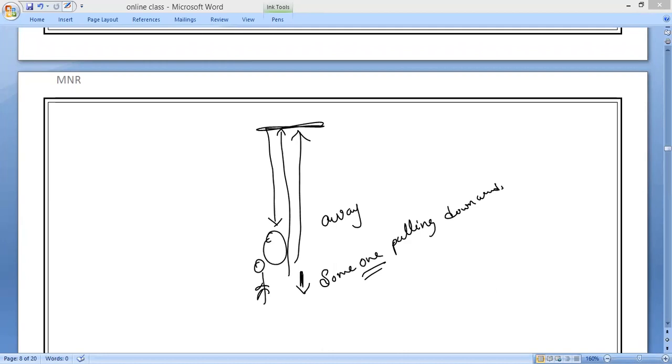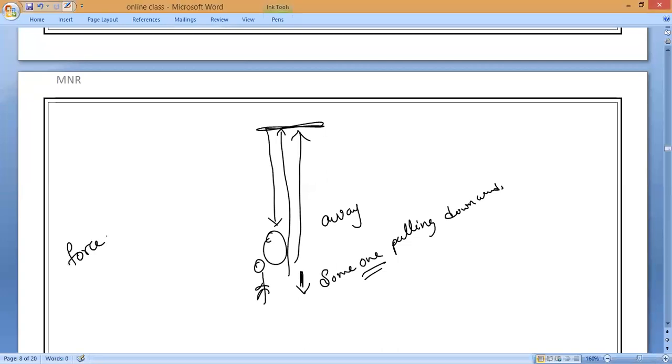He proved that this force of attraction is not confined between the earth and other bodies of the earth. It also exists between any two bodies anywhere in the universe. That is what is called the force of gravitation.